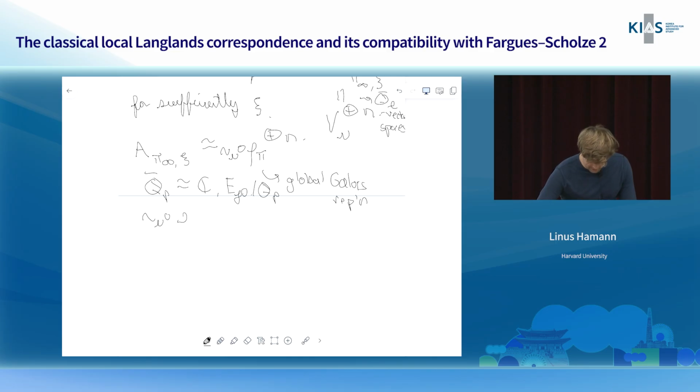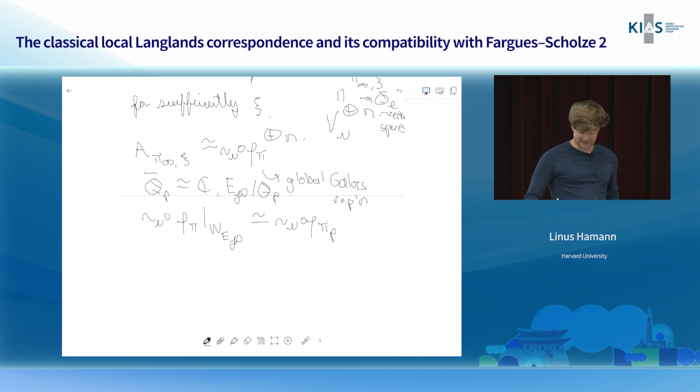Well, then you can show that if you take this R mu composed with phi pi and you restrict it to this WEP, that is actually the local Langlands correspondence of the local representation composed with R mu.